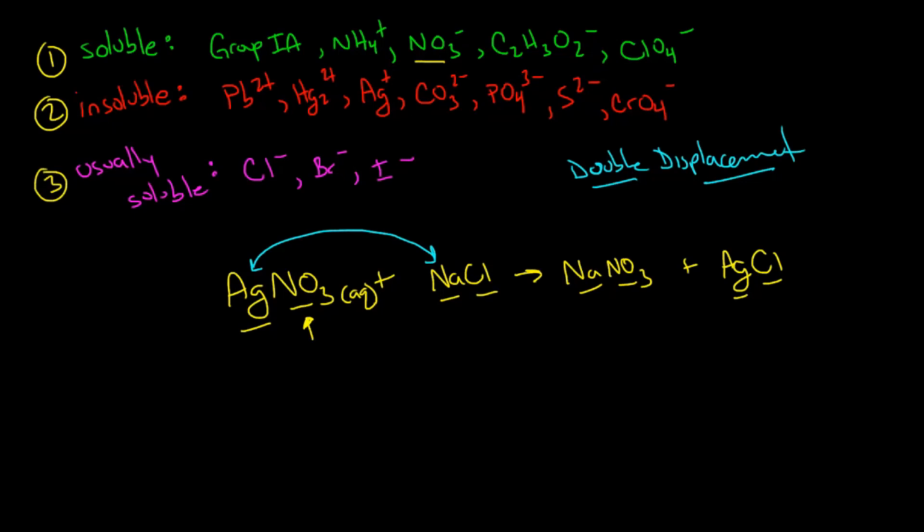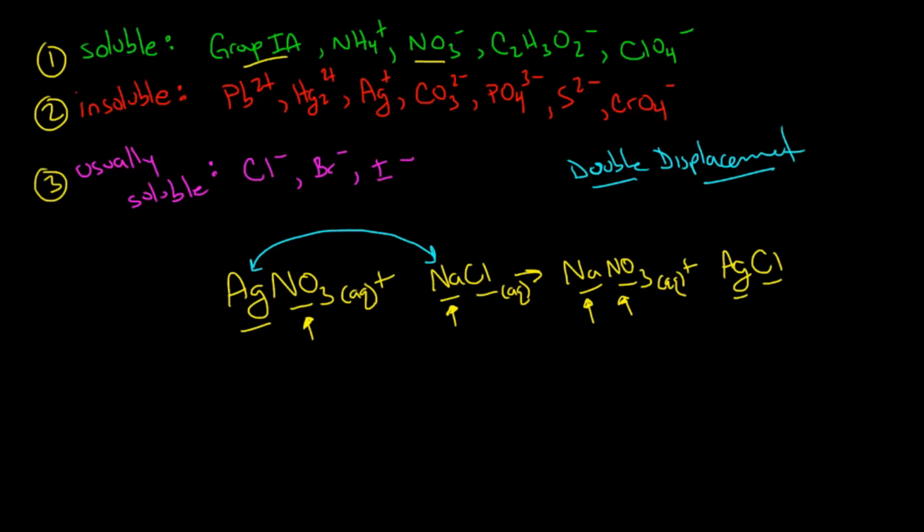Same thing goes with sodium chloride. So sodium is a group 1A metal, so group 1A metals are always soluble, meaning this ionic compound will be aqueous. Sodium nitrate contains two ions that are always soluble, so it's going to be aqueous, right? So it has sodium and nitrate.